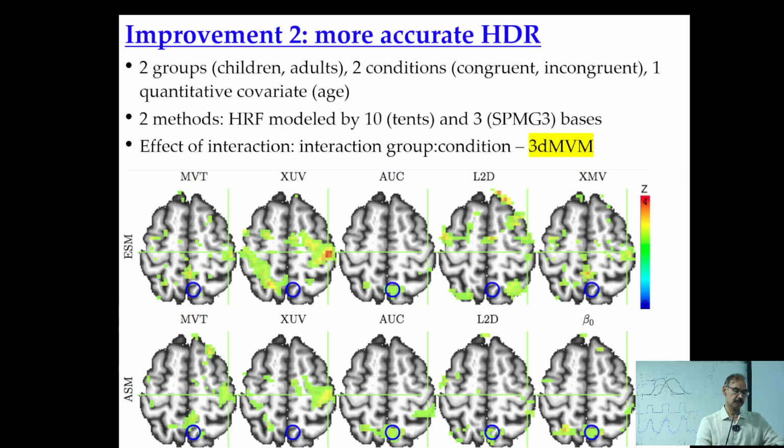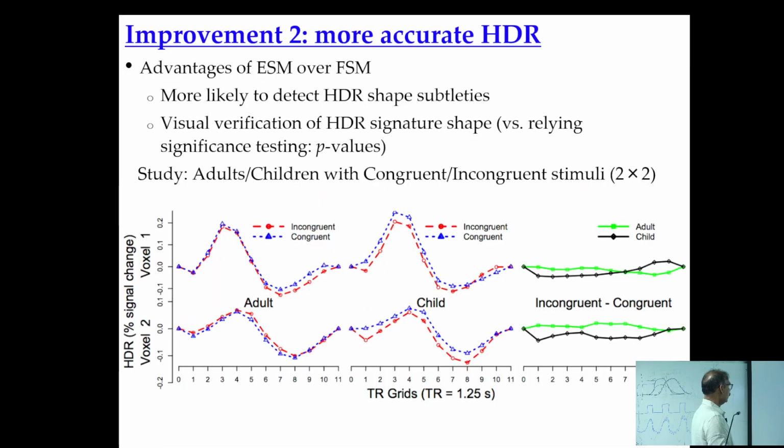So these are showing differences between incongruent and congruent objects, right? This is child, this is adult, this is voxel 1 and this is voxel 2.